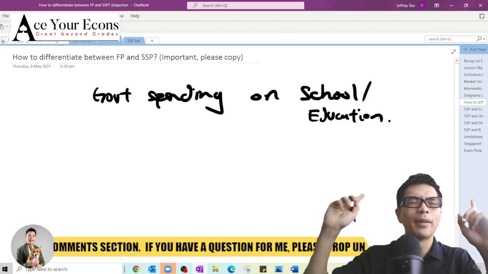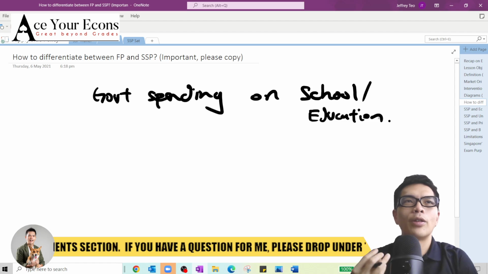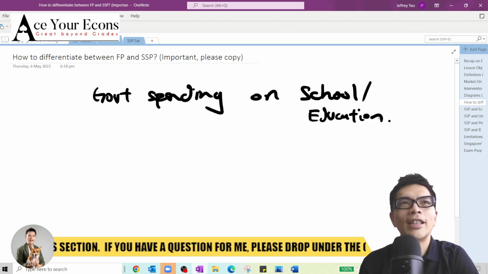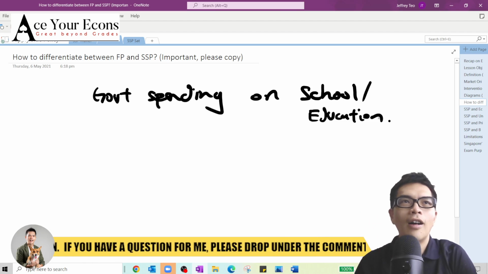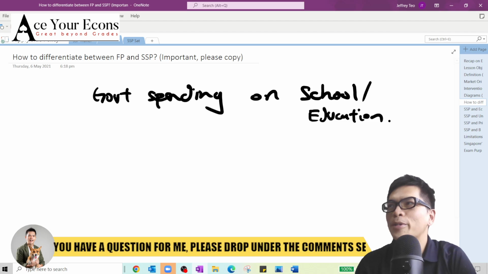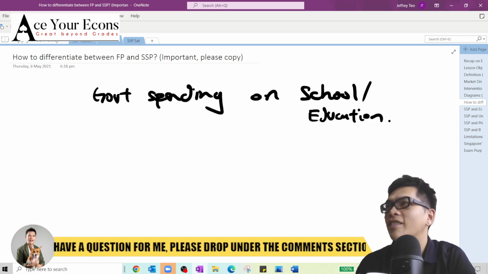Can y'all type out what you think this is? Fiscal policy or supply side policy? Or option C? Option C is your interpretation.